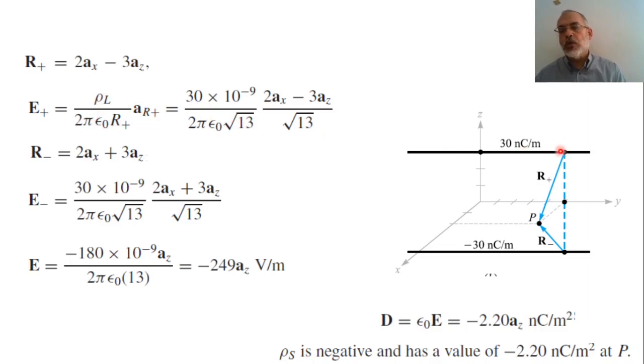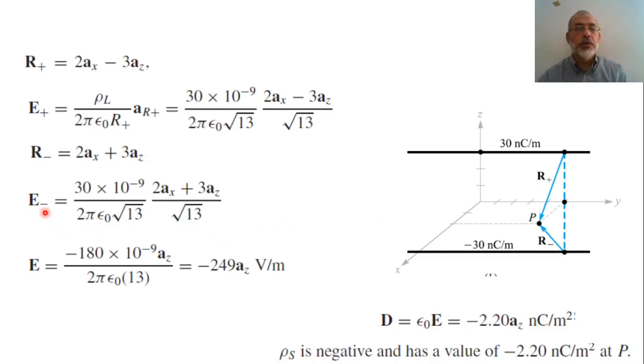Similarly, the electric field from the image is rho L of the image, which is minus 30 nanocoulomb per meter, over 2 pi epsilon naught rho minus, in the direction of rho minus.